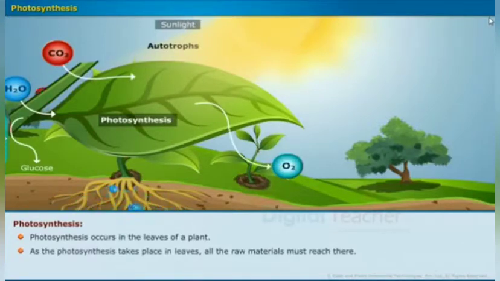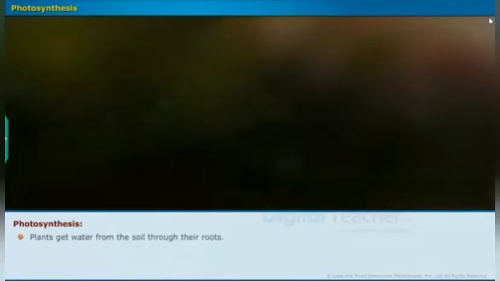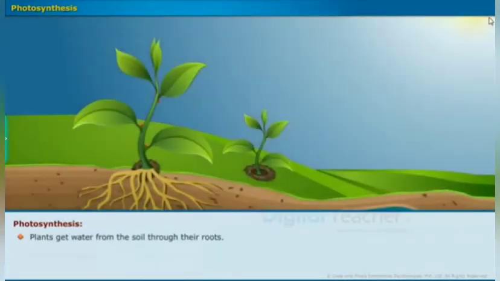As photosynthesis takes place in leaves, all the raw materials must reach there. Water and minerals present in the soil are absorbed by the roots and are transported to the leaves through the stem, branches, and finally to leaves. Plants get water from the soil through their roots.